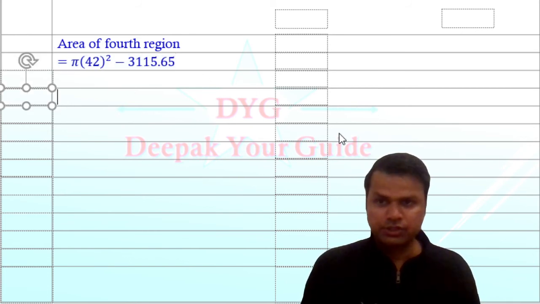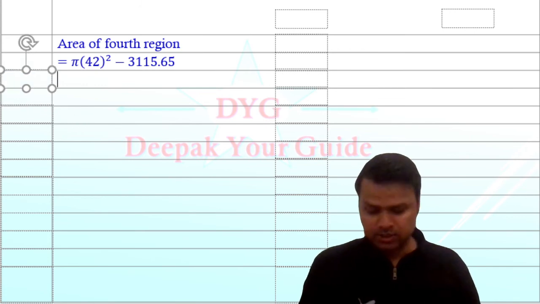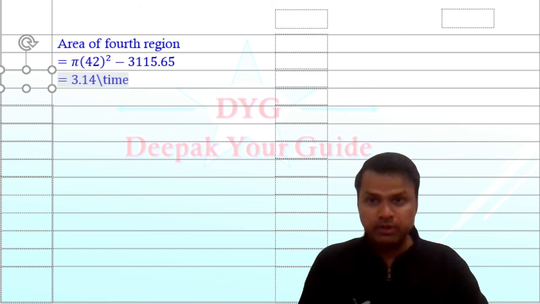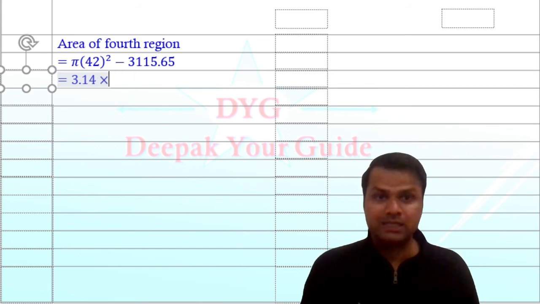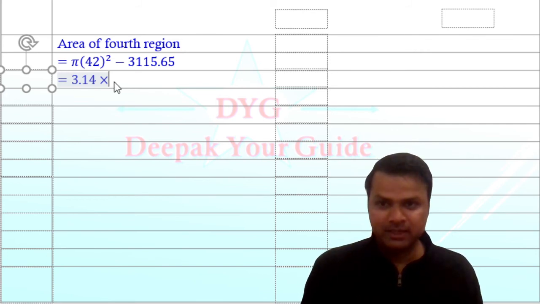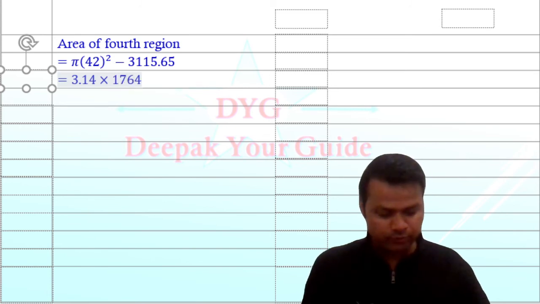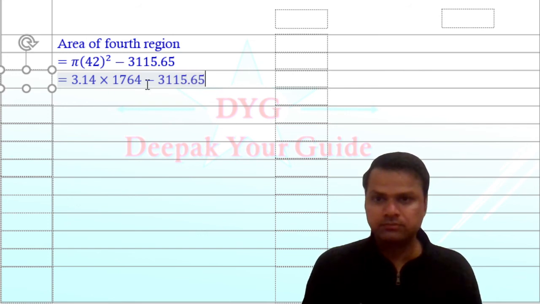Now again the calculation part. This is what you have to practice. If you have any doubt in how do we multiply this, please let me know. I'll make a separate video and I'll show you how we multiply. Right, let's complete the calculation here. 1764, that's what we get, minus 3115.65.